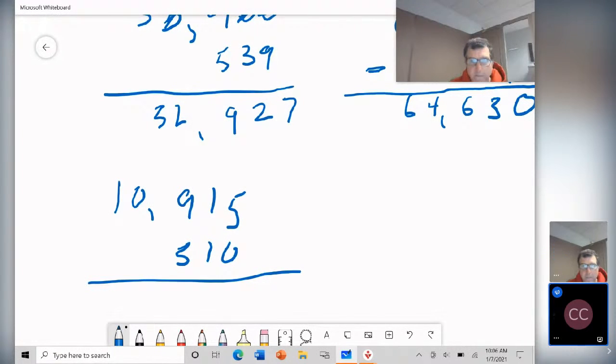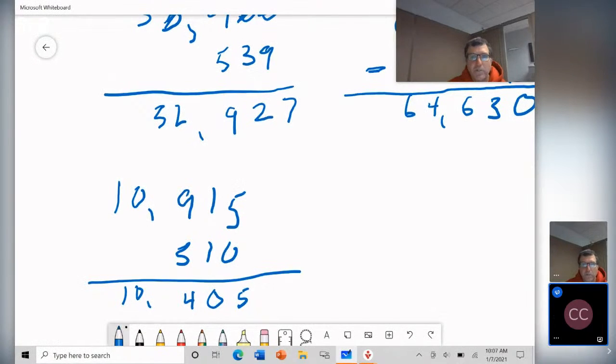Sometimes you're not going to have to borrow. This will be 5 minus 0 is 5. 1 minus 1 is 0. 9 minus 5 is 4. And then if you have nothing to subtract from, we just bring that number down. So that's 10,405.